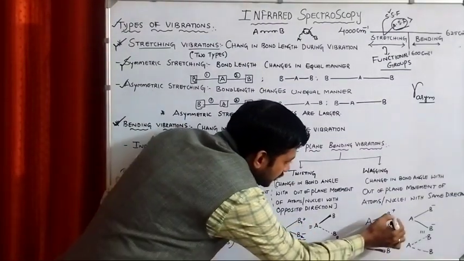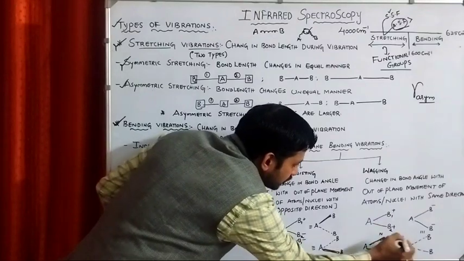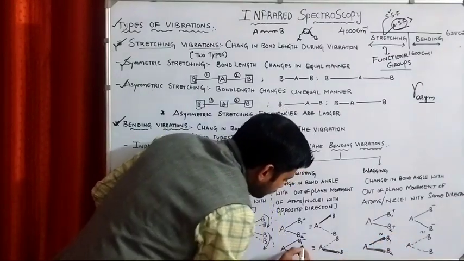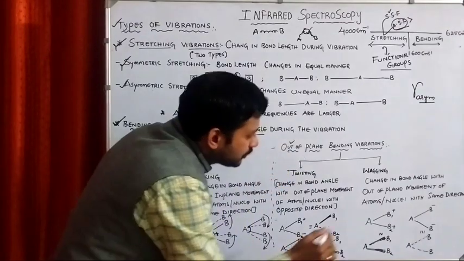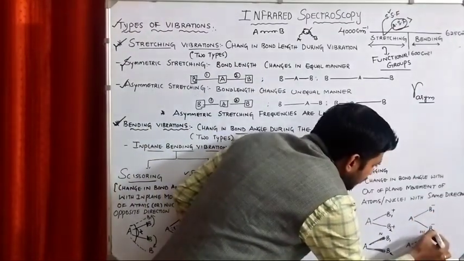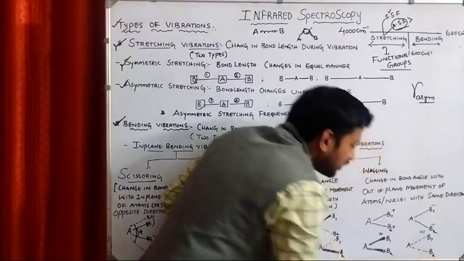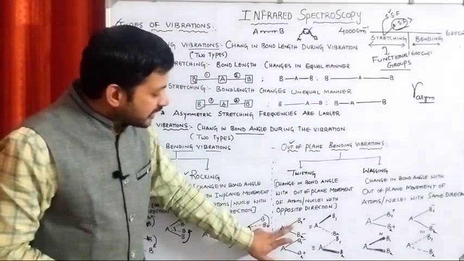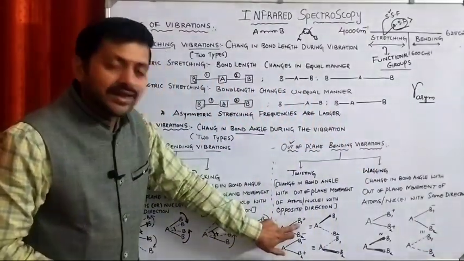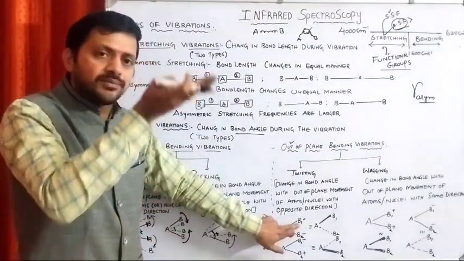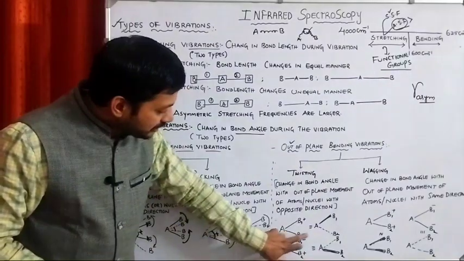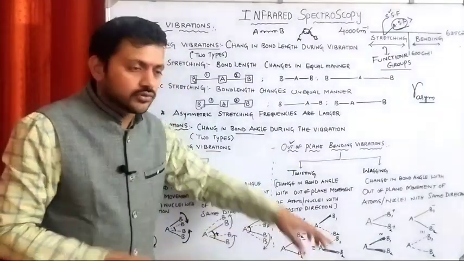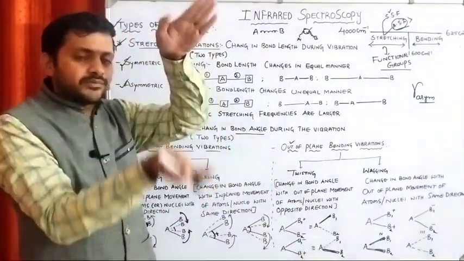Here we observe the B1 atom is going above the plane, and the B2 atom is below the plane. So one atom is above the plane, another atom below the plane.